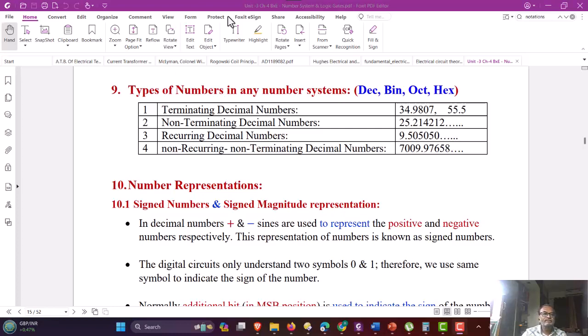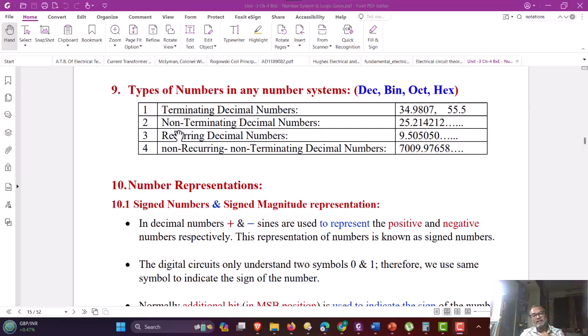The first category of numbers are terminating decimal numbers, which have a fixed number of digits, like 34.9807, after which the digits are 0, or 55.5 or 55.5000. The value is fixed and there is no digit in continuation.